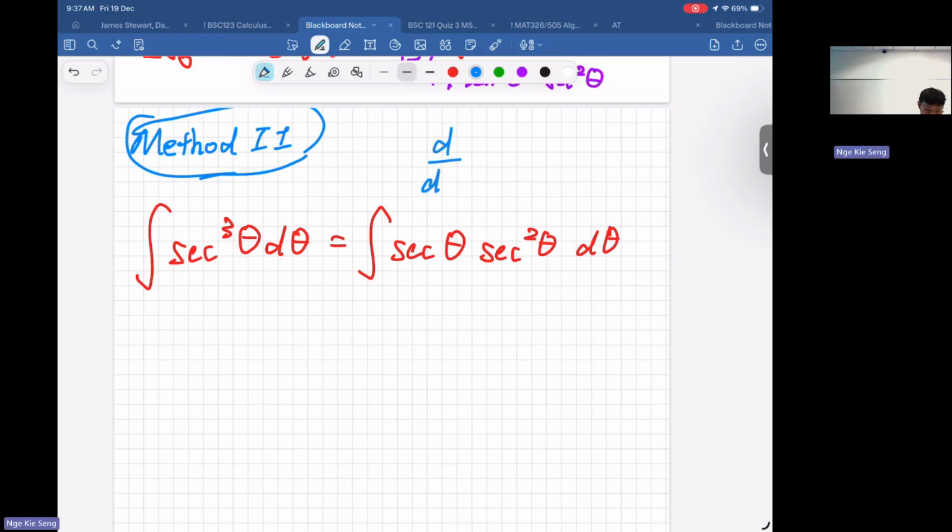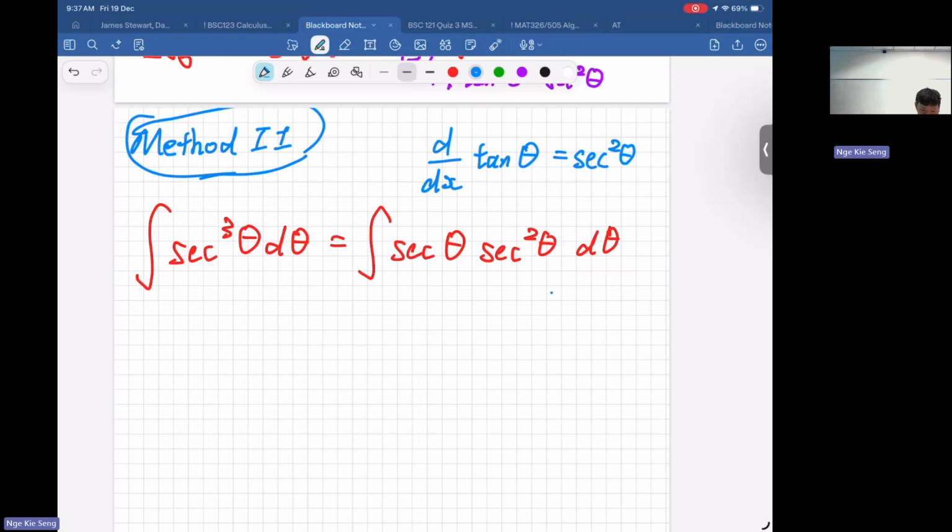Which we know that d over dx of tangent theta equals secant square theta. Is it this one? Okay. So he's trying to use by part, right?